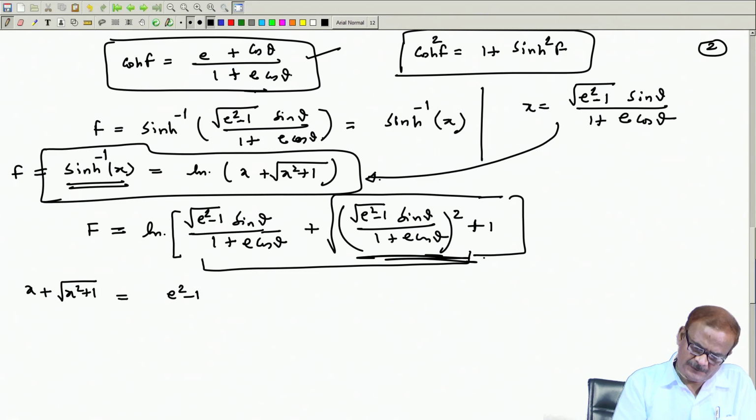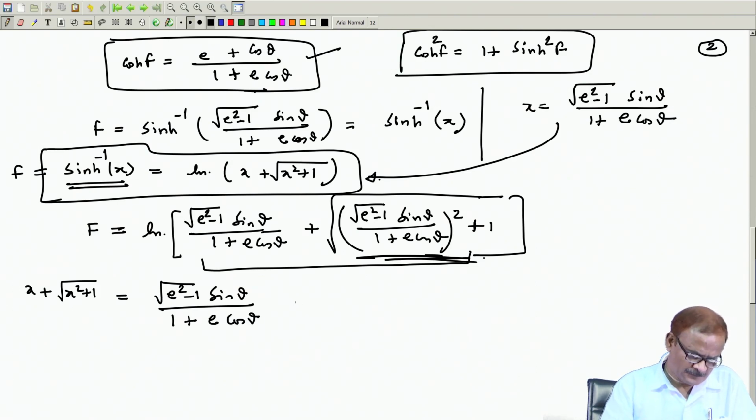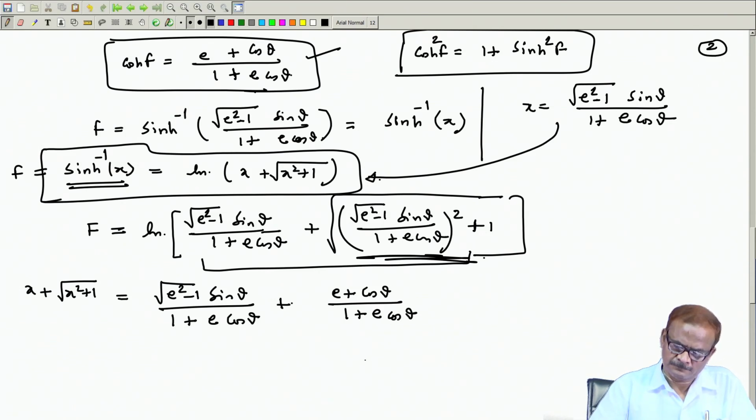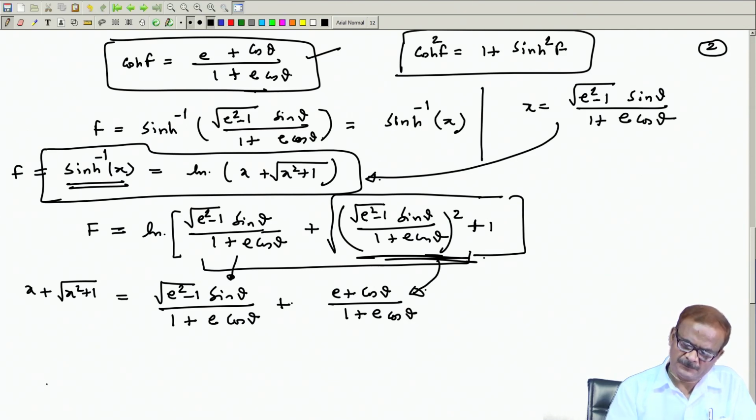If you expand it, you can check it; I am skipping a few steps here because there is a constraint on time. So the term under the square root sign is here, and this term is copied in this place.